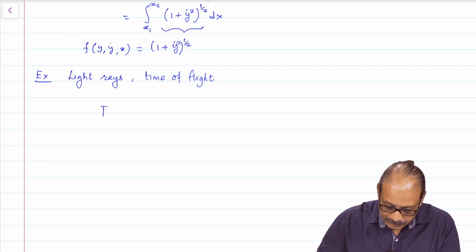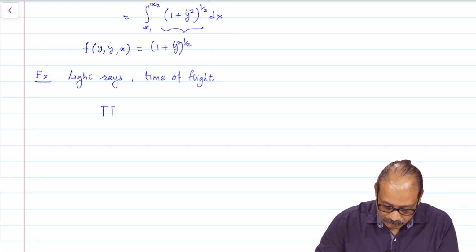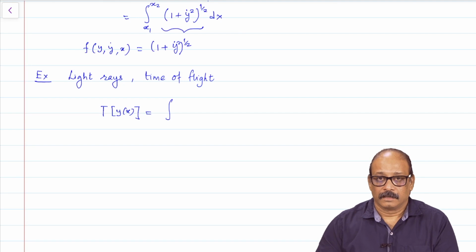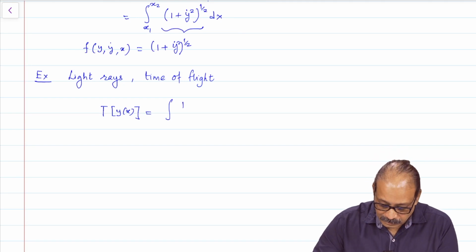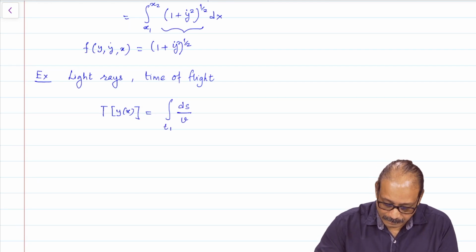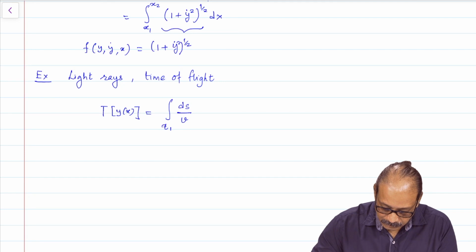Again I will write it as t, which is a function of the path which is given, as the integral, and this is nothing but ds divided by c, from x1 to x2.